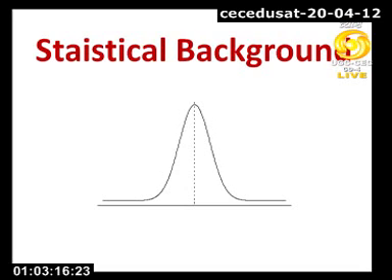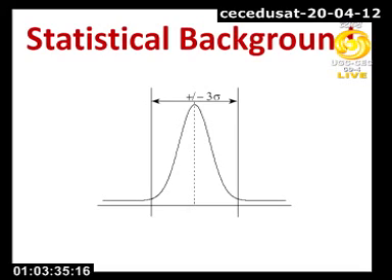Let us discuss some statistical background regarding this normal distribution and out of range specifications, out of range percentages. This curve is a normal distribution, which is a bell shaped curve, and this curve is symmetrical on both sides. Now I have shown plus minus 3 sigma limits on this normal distribution curve.